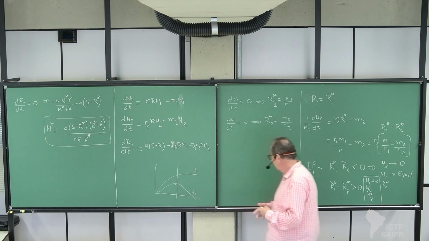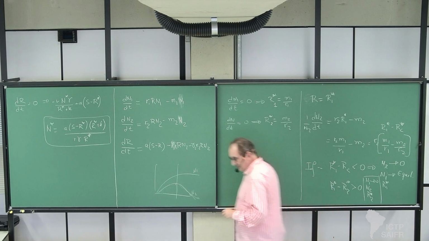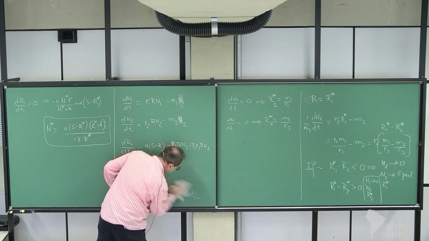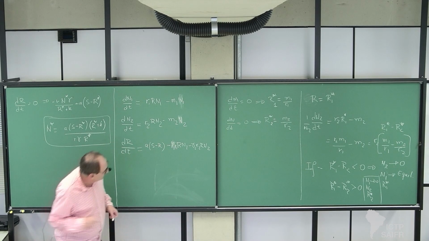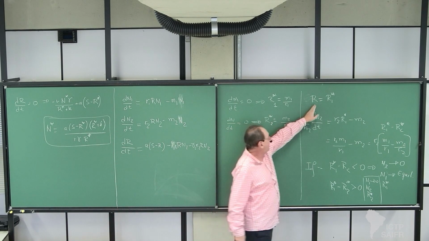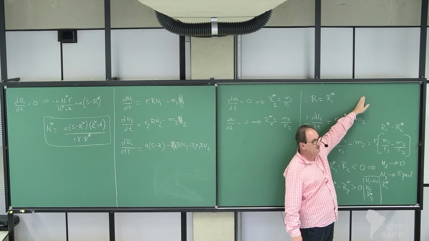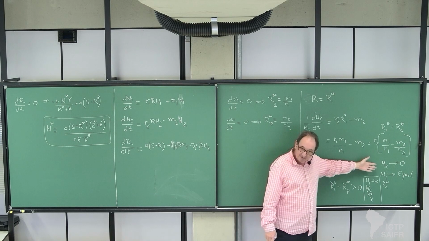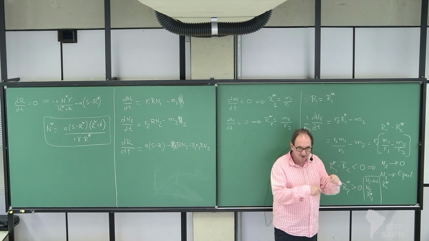Now, I forgot to say something before we move to the next example: we could also have R equal to R2 star, and then you would do the same computation and get the same result, just changing 1 for 2.